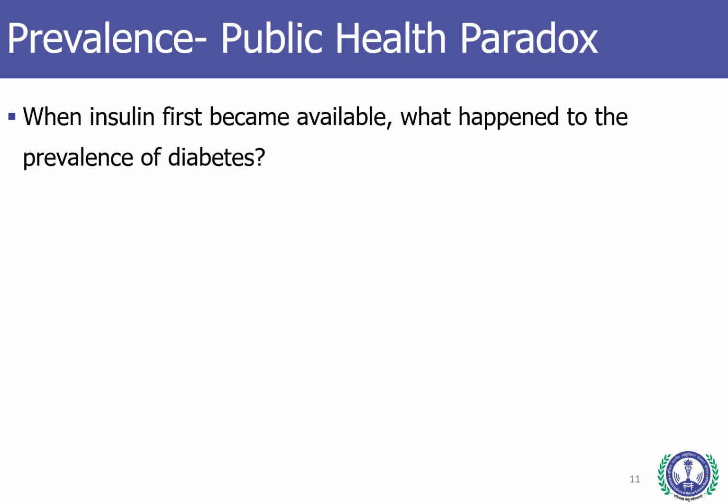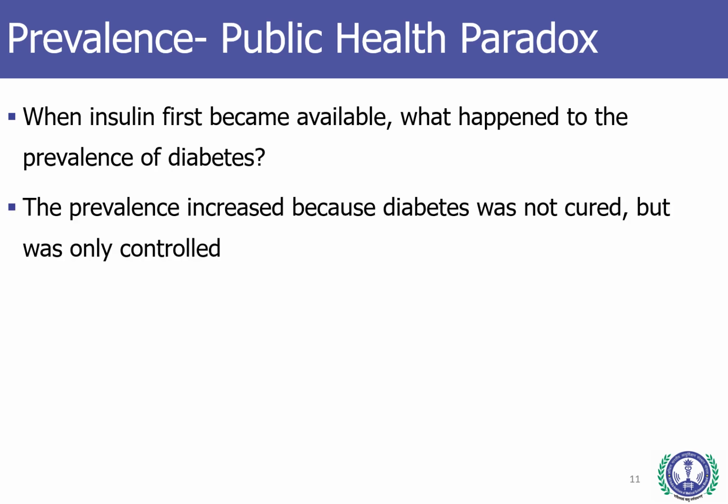There is an interesting prevalence public health paradox. I will give you an example. When insulin first became available, what should have happened to the prevalence of diabetes? Prevalence increased because diabetes was not cured but only controlled. So there were more people with diabetes now because it was controlled, but it was already there.